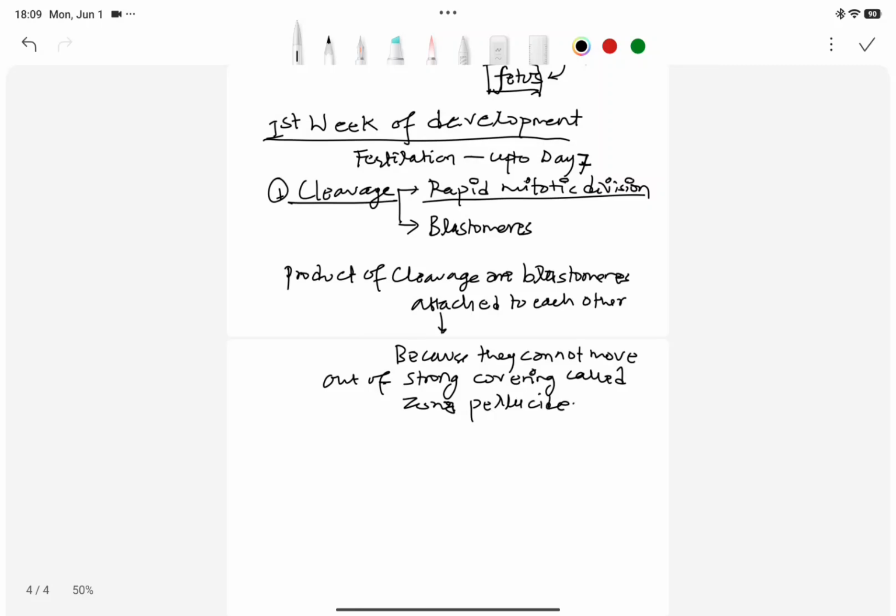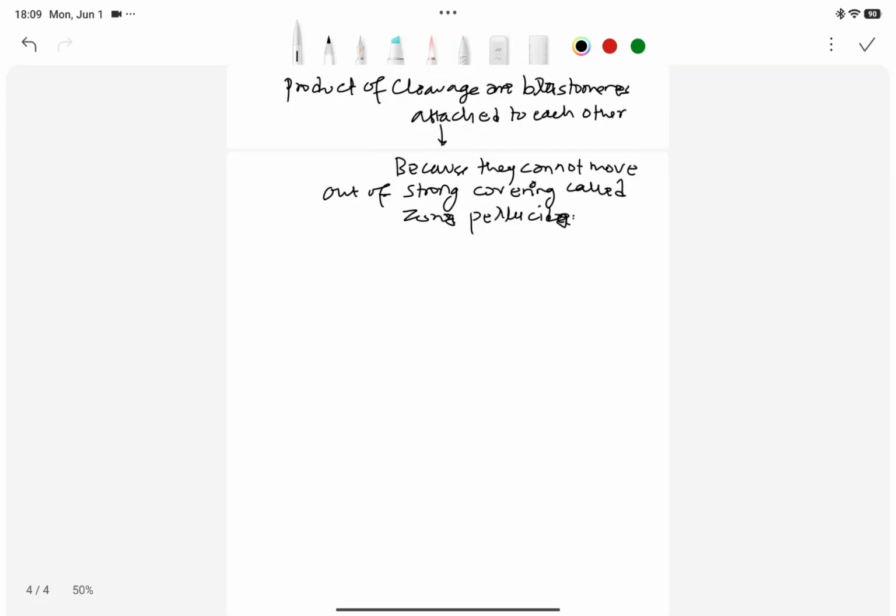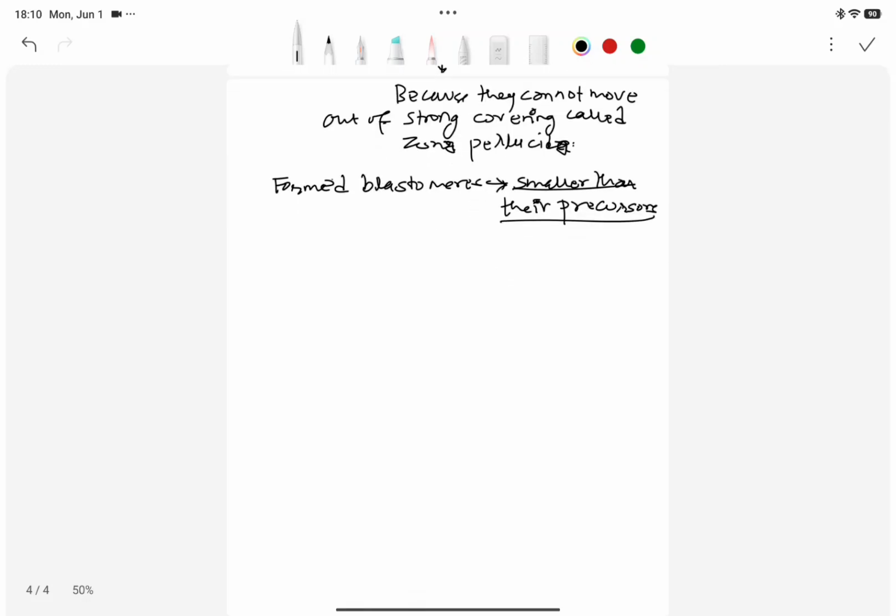So there is an outer covering of zona pellucida that covers the blastomeres, and that prevents the separation of blastomeres. The formed blastomeres are smaller than their precursors.